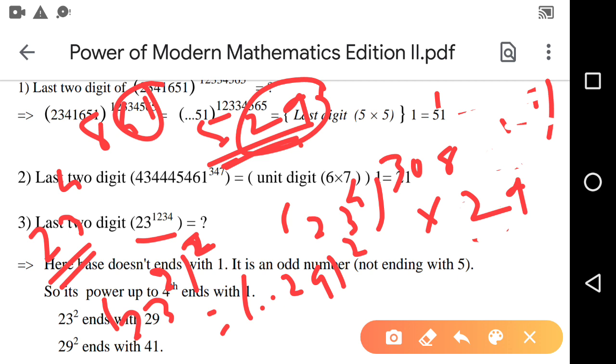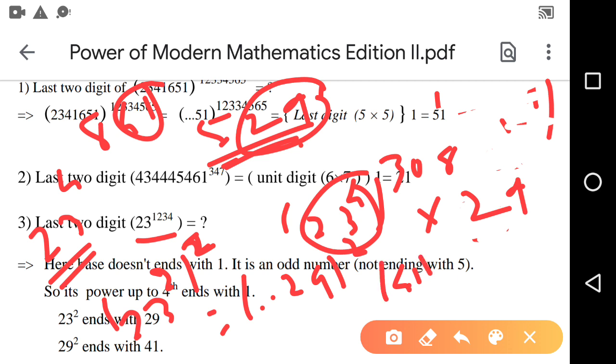So it ends with 41. So 23 raised to 4 divided by 100 leaves remainder 41. So let us replace it by 41.